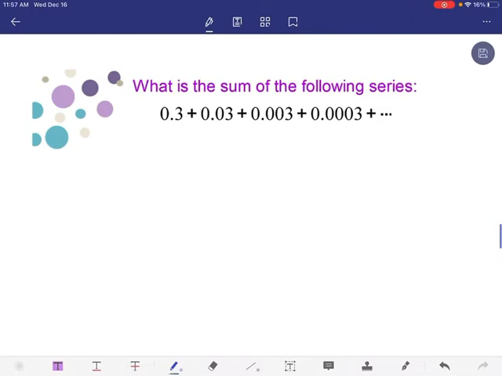But if we look at something like the example that we have, so we have 0.3 times 0.03 times 0.003 and so forth. So notice that if we were to sum all of these together, we would get 0.3 repeating, which hopefully we recall that 0.3 repeating can be rewritten as 1/3.